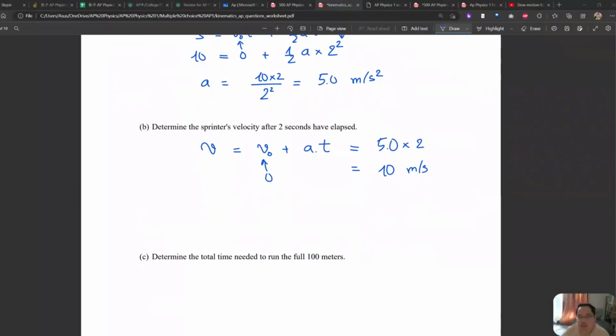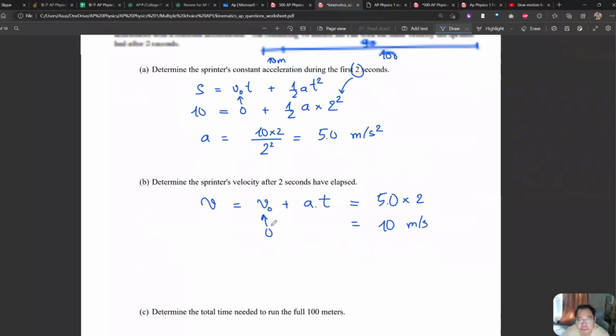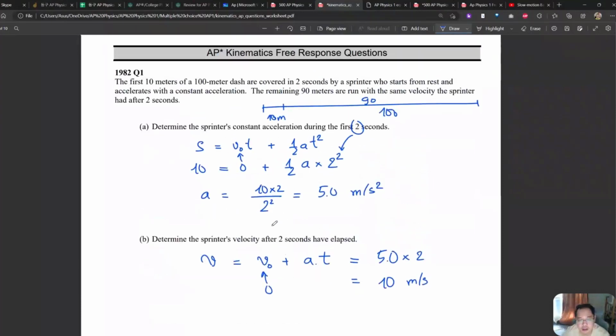She had spent 2 seconds to run the first 10 meters.